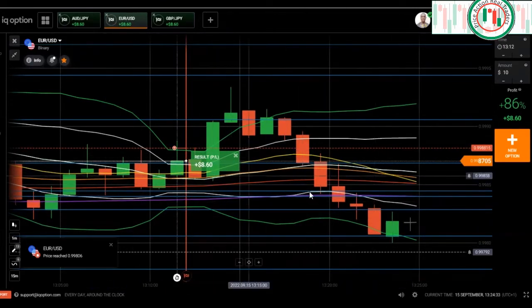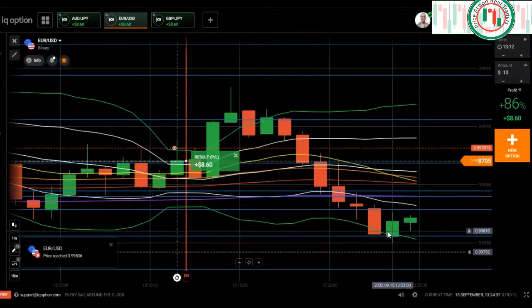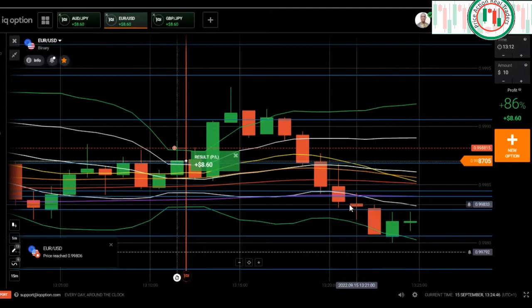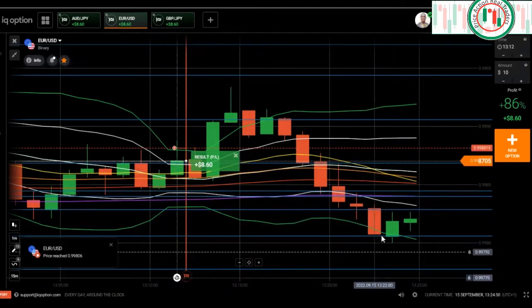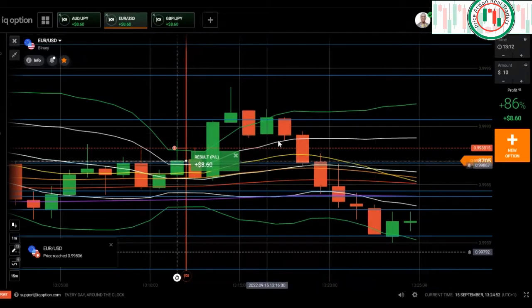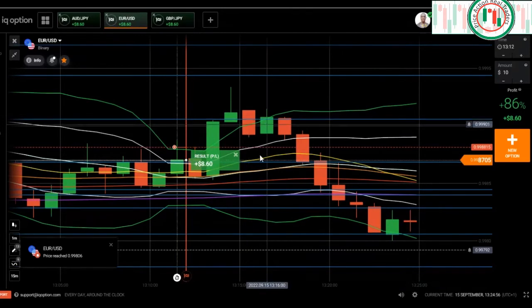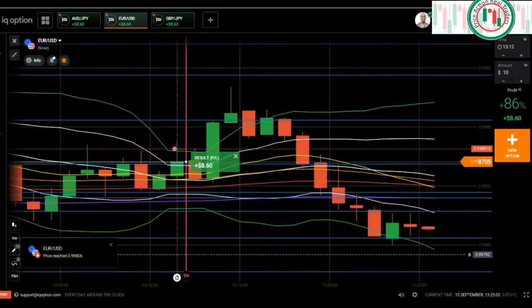Because of flat EMAs here. The market is reversing because it has broken this zone, this zone, this zone. It has broken three zones, then it has gone below all the EMAs. So you should expect the market to reverse because the EMAs are together. So always try to identify the EMAs before you take your trade.